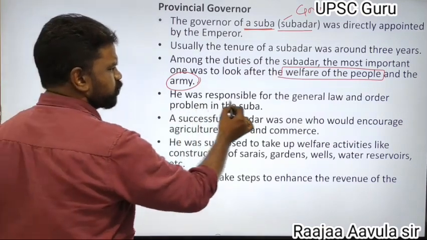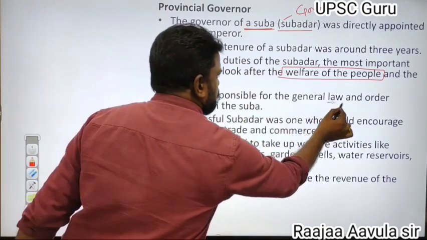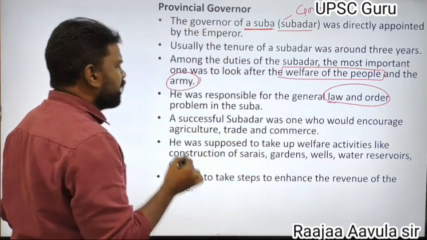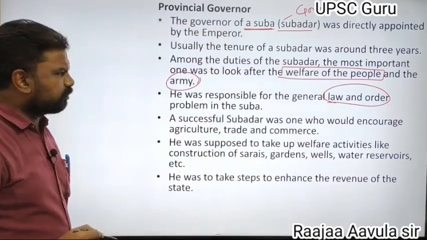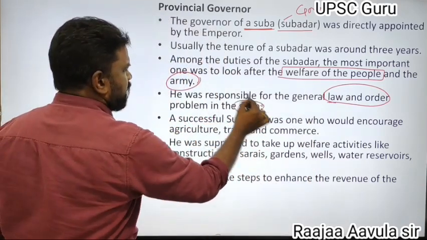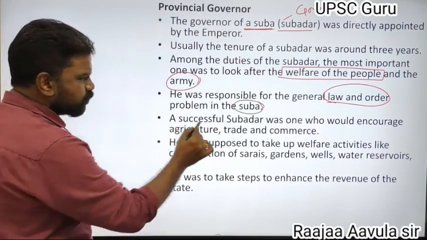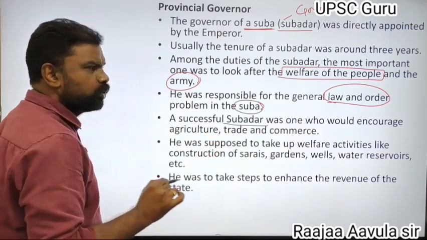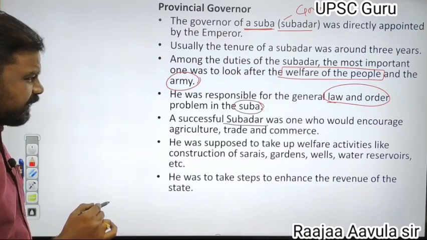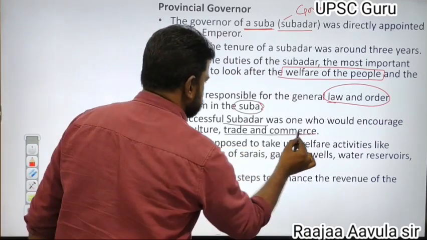He was responsible for general law and order, which at the Suba level was completely under the control of the Subedar. A successful Subedar was one who would encourage agriculture, trade and commerce.